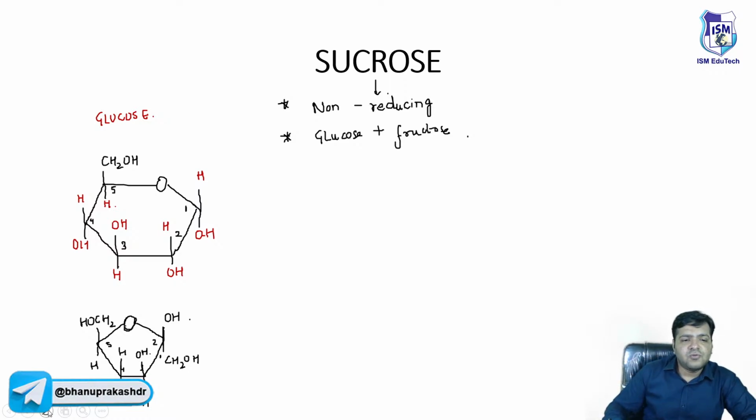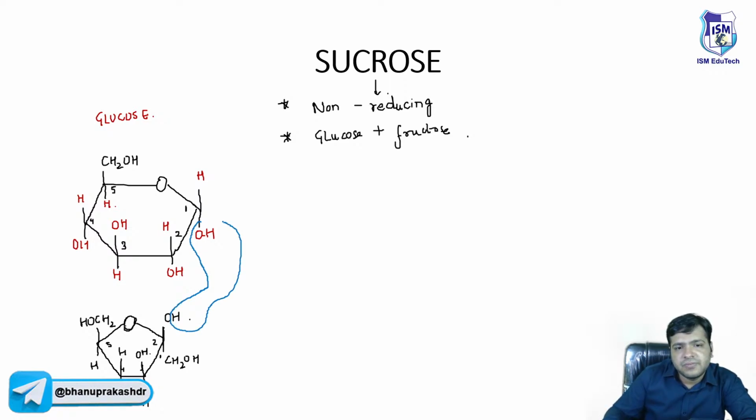Now, what we have to do, we have to form sucrose, beta. Sucrose is simply formed: OH from the first carbon of the glucose and hydrogen from the second part will be removed, in the form of water.